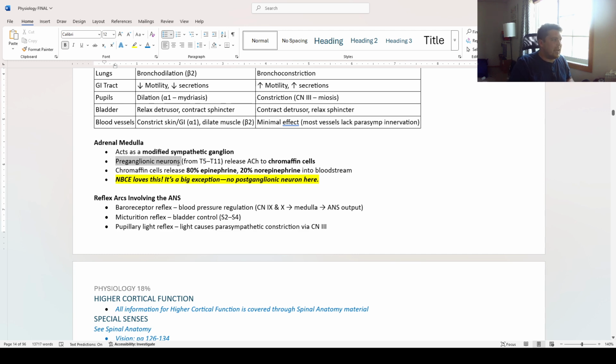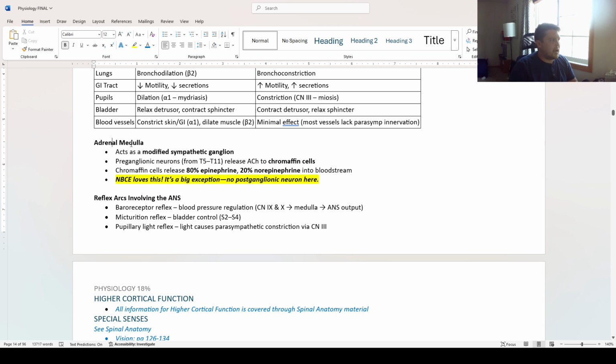So preganglionic neurons actually go from the spinal cord and enter into the adrenal medulla, which stimulate these cells called chromaffin cells. Chromaffin cells are some of the few cells that produce and release epinephrine and norepinephrine into the bloodstream. So this is where we get norepinephrine and epinephrine acting as a hormone rather than just a neurotransmitter. And this is a pretty big exception.